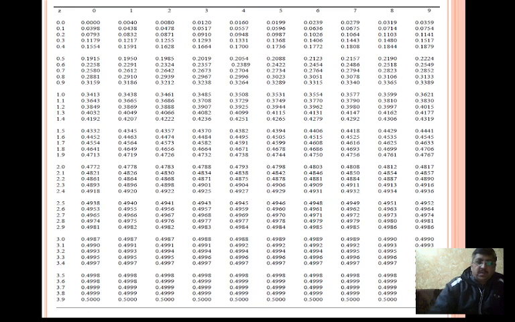So this is the table, and here you can see that this value is somewhere, if some student can identify, this is 1.0, right? So this is the value 0.3413. The probability of z from 0 to 1 is 0.3413, right? Do you remember this?